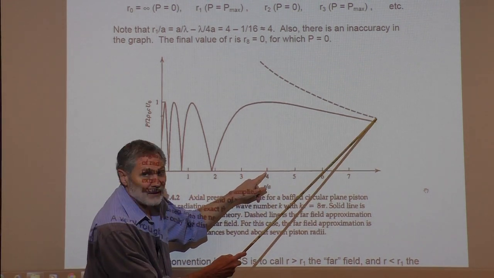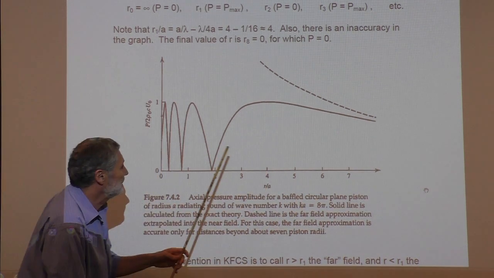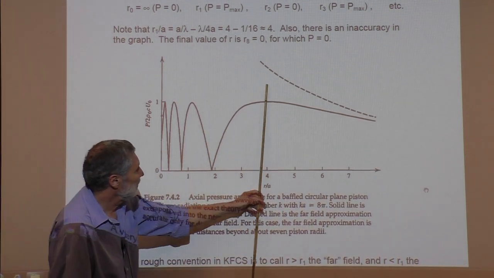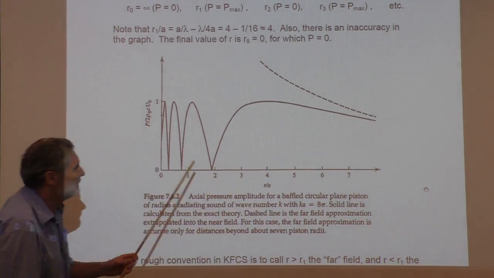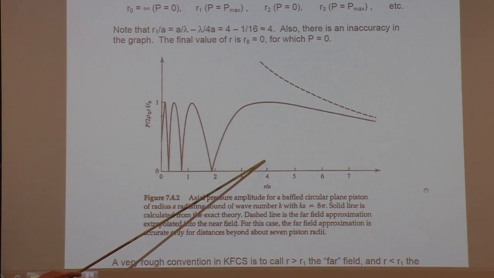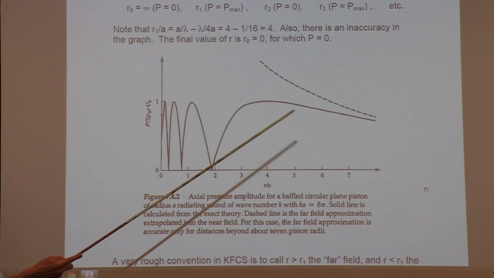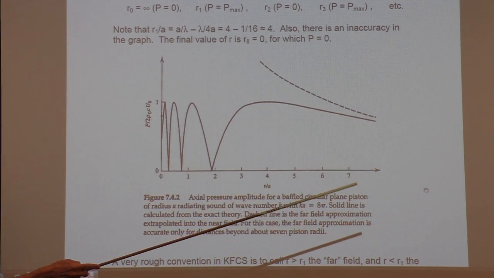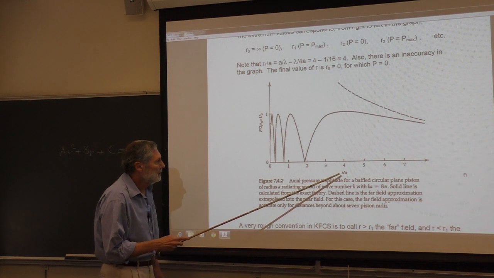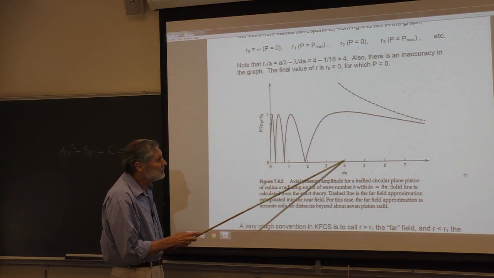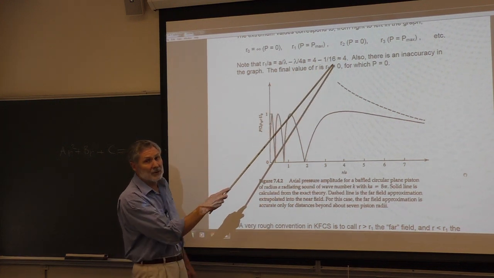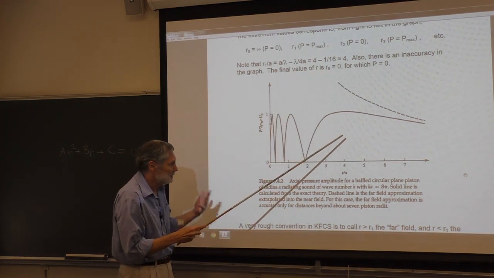Twice is not bad here. So KFCS just say you've got to be greater than this extremum, wherever this lies. It so happens that for this case, with the wavelength being 1/4 of the radius, this maximum approximately corresponds to 4. It's just an approximation. It's okay, just rough right now.